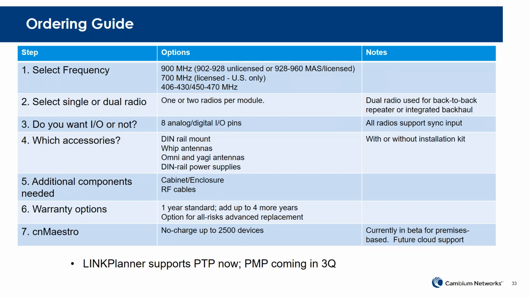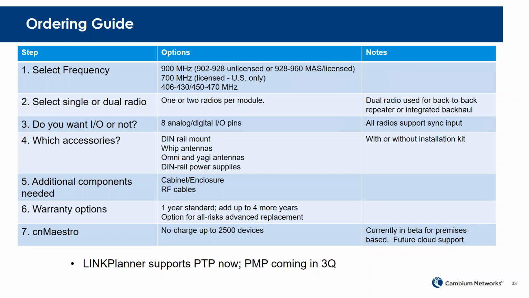So for each band, there's effectively 4 radios, 1 or 2 radios with and without I/O. Then there are a number of accessories we talked about that you can select from: power supplies, antennas, rail mounts. And then the end customer will typically deploy within a NEMA enclosure and provide their own RF cables.